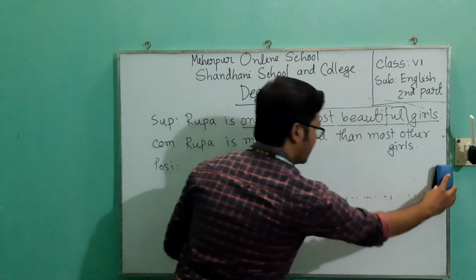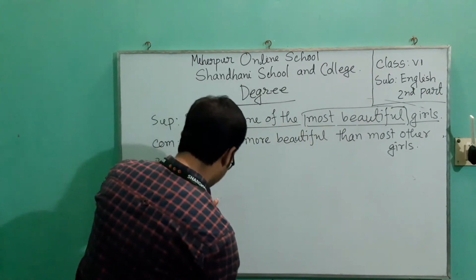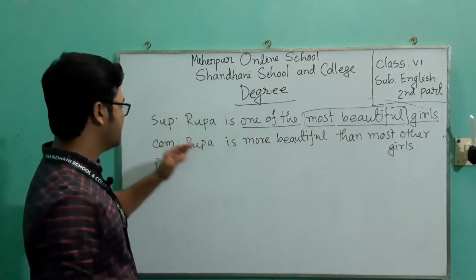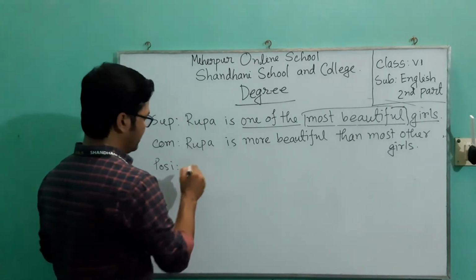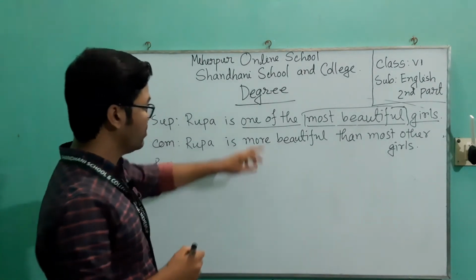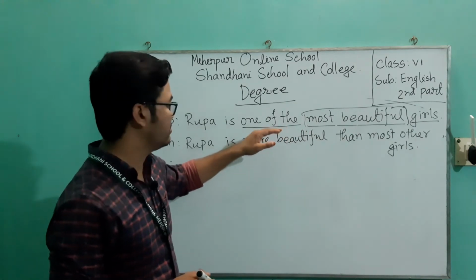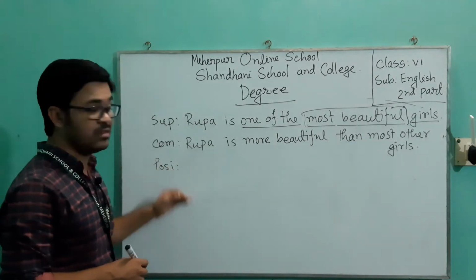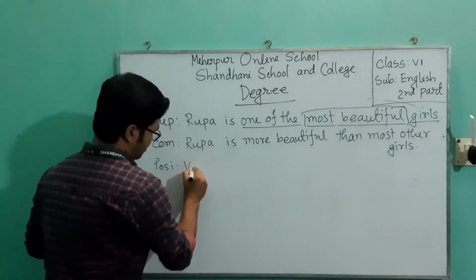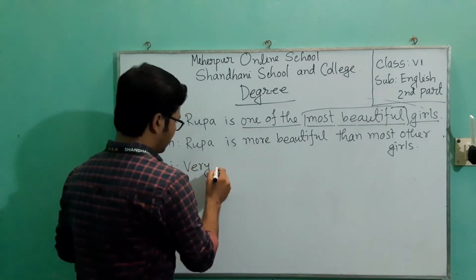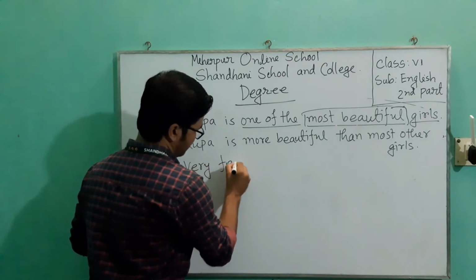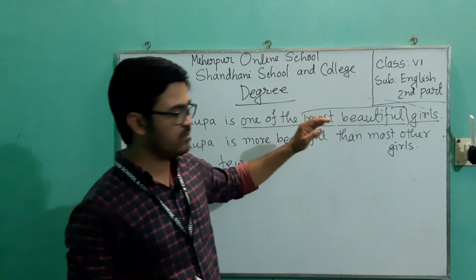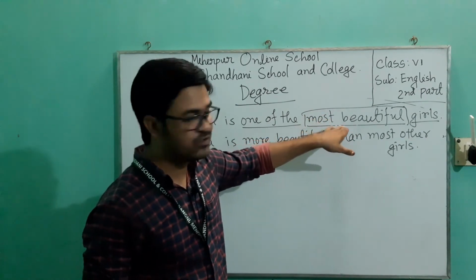Then now we will change into a positive sentence or positive degree. So if we see one of the in a superlative degree, we can start the positive degree with very few. So we have to write first very few, and then we have to write rest of the words of superlative form.